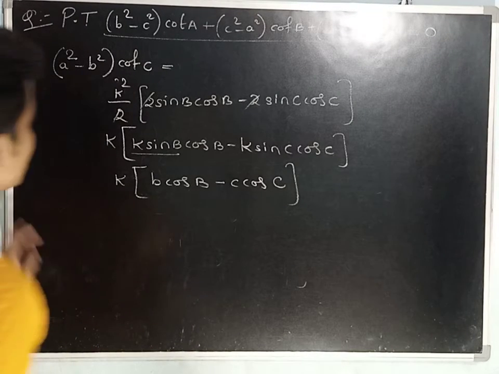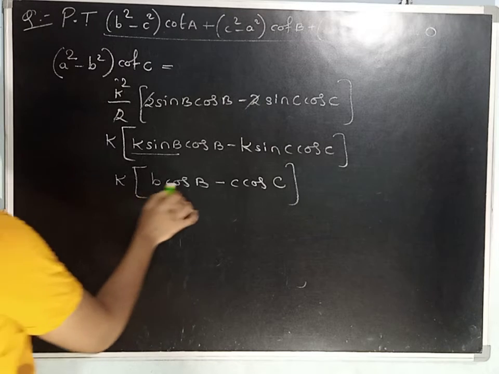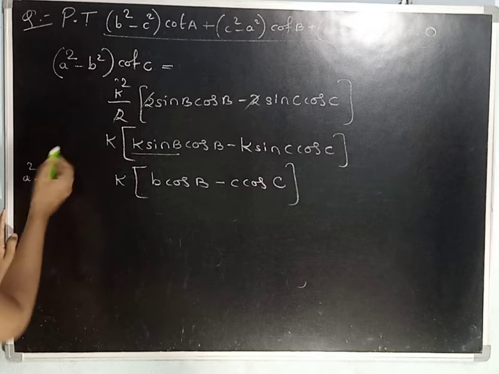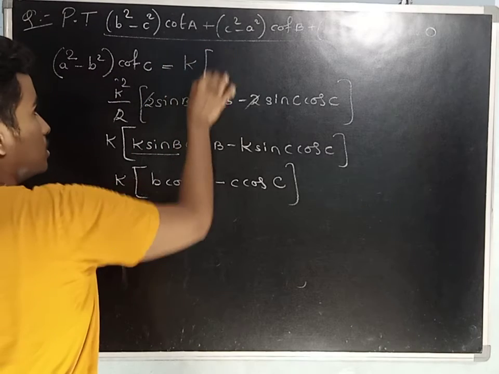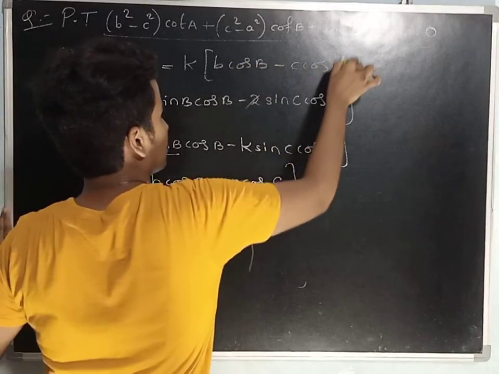A square minus b square into cot c is nothing but k into b cos b minus c cos c.